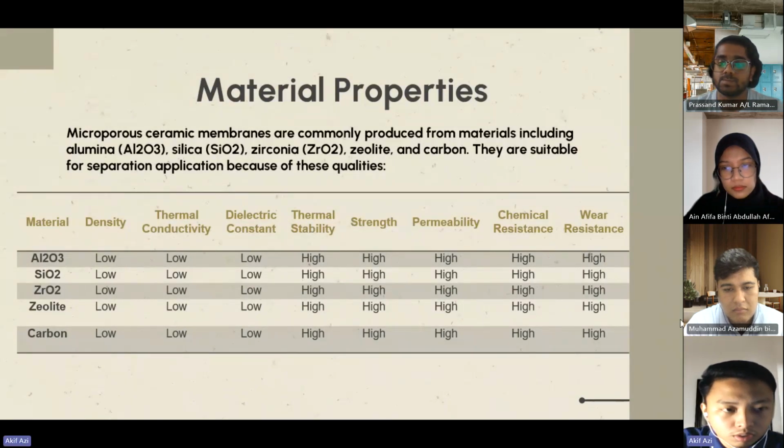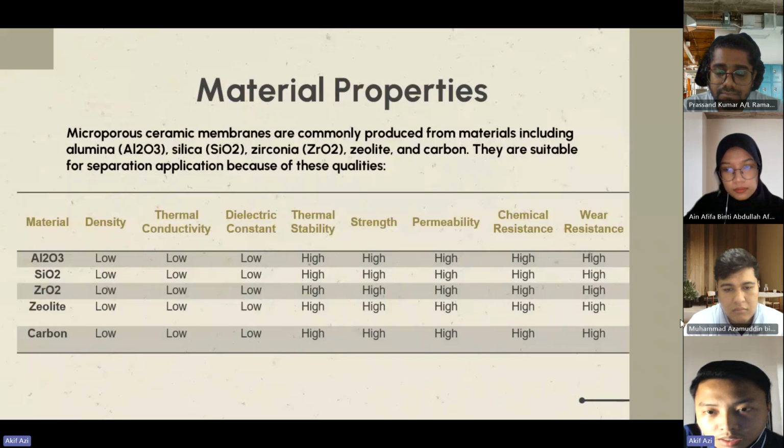As we can see on the slide, the five materials, alumina, silica, zirconia, zeolite, and carbon, are low in density, thermal conductivity, and dielectric constants, and they are high in thermal stability, strength, permeability, chemical resistance, and wear resistance.